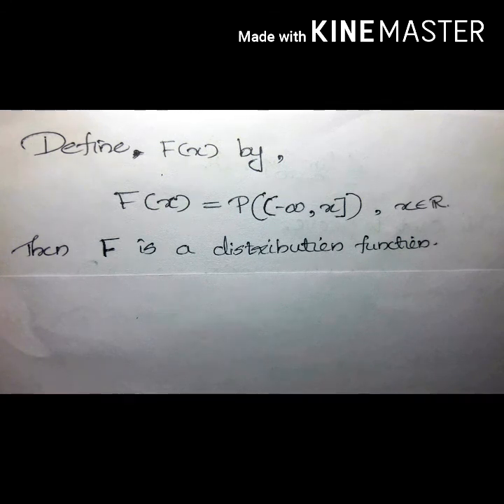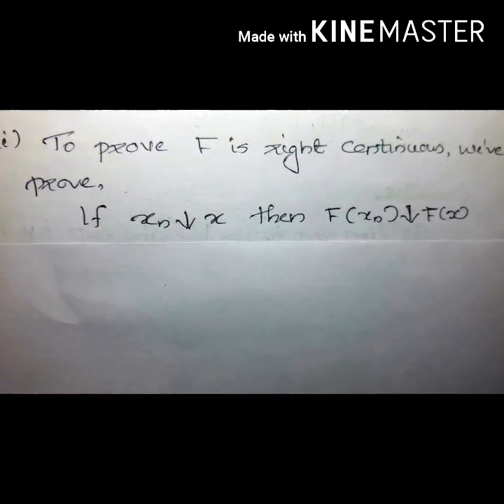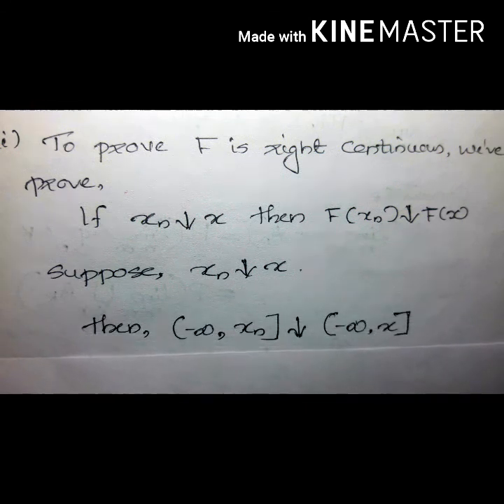Okay, for the proof, first, to prove f is right continuous, we have to prove if xn decreases to x, then f of xn decreases to f of x. First suppose that xn decreases to x. Then we have the interval minus infinity closed xn decreases to minus infinity closed x.